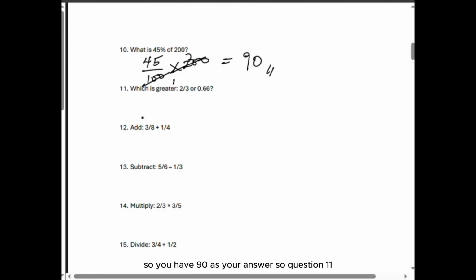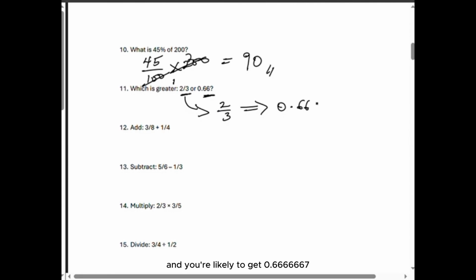So question 11, what is greater between this and this? Use your calculator to find 2 over 3 and you're likely to get 0.66666667, which is greater than this 0.66. So which is greater? It's going to be this, right?